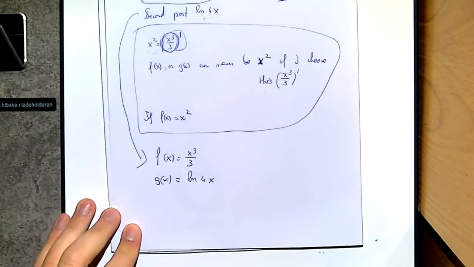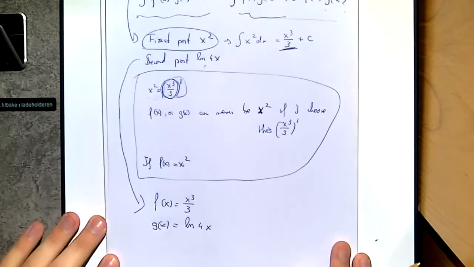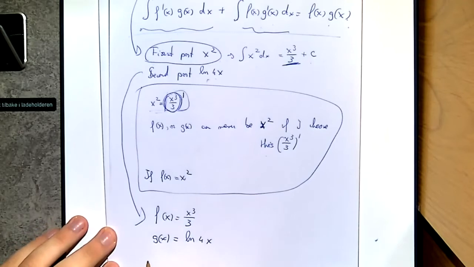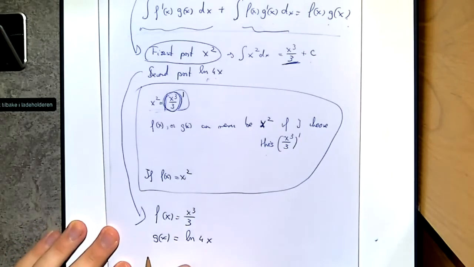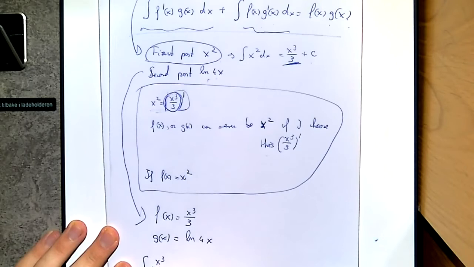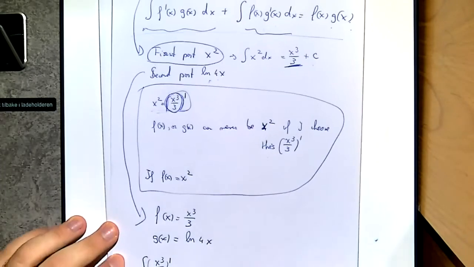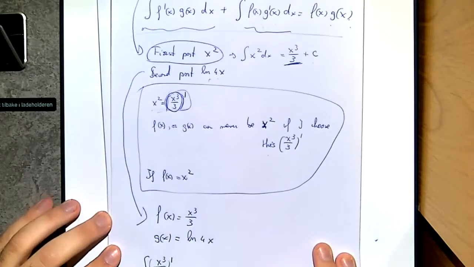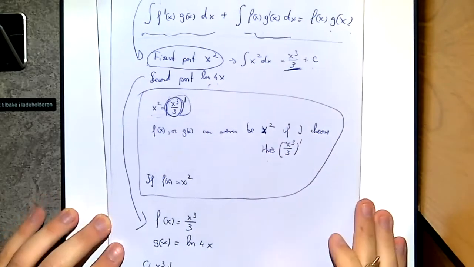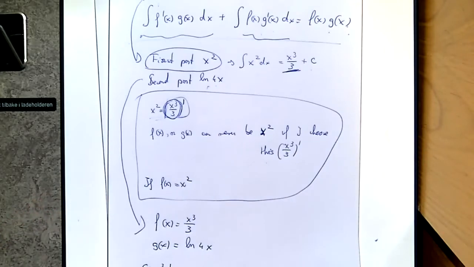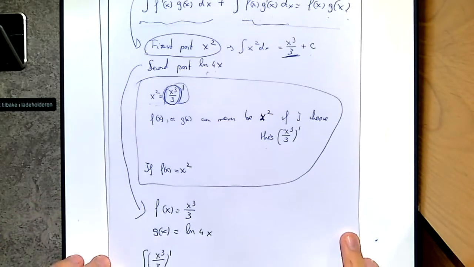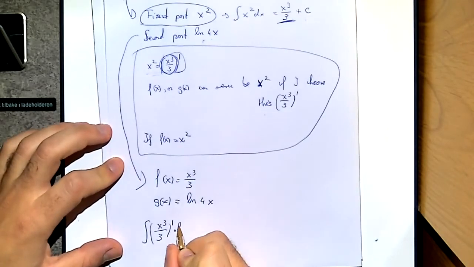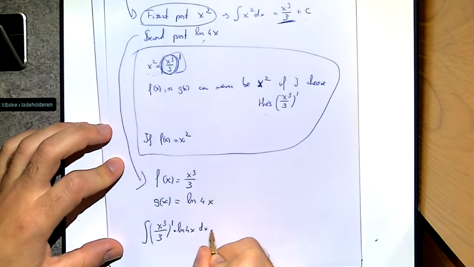So I have these things, so I'm just going to plug them in. I have x to the third over 3. And if you're not comfortable writing it straight out, I genuinely recommend writing your formula up top when you're solving by parts, and just plugging them in without taking the derivatives.